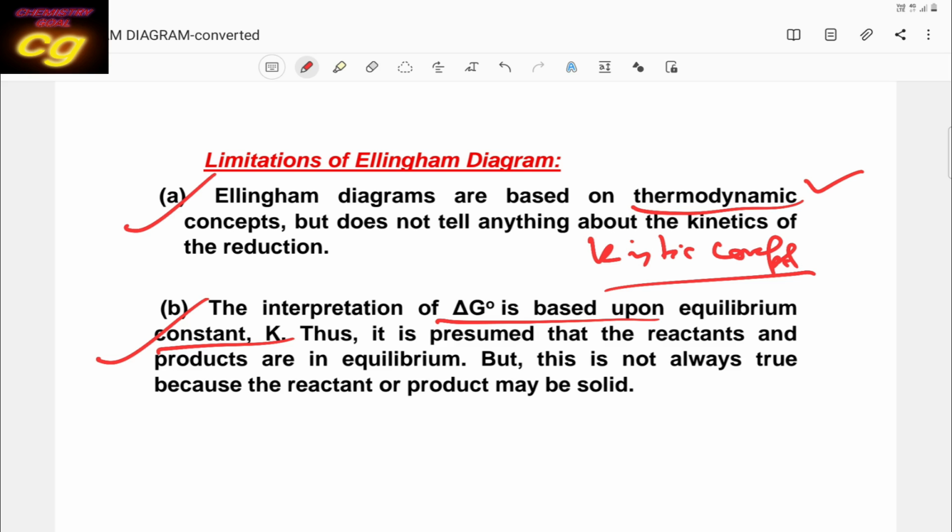And what are the features of the Ellingham diagram? From it I can know whether the reaction is possible or not, whether the extraction is possible or not, from the calculation of del G and from the nature of the graph.